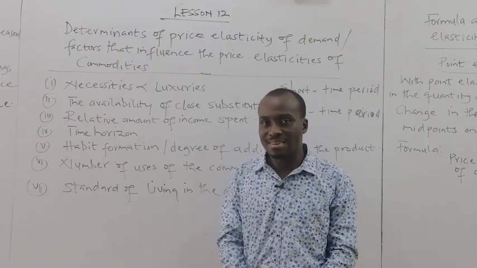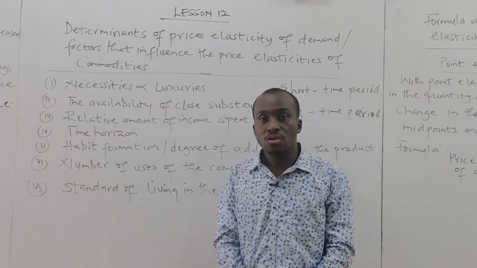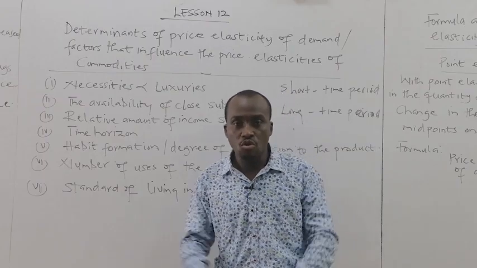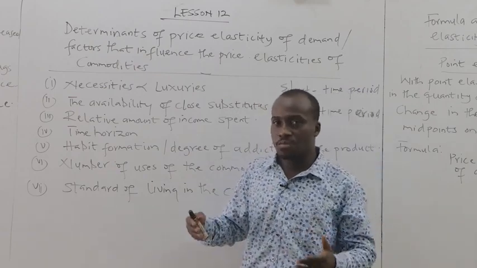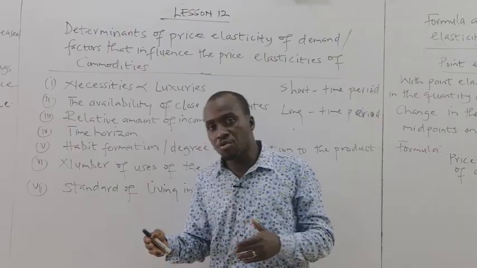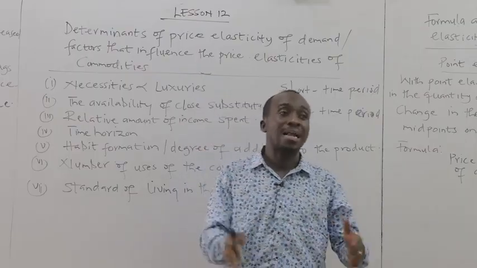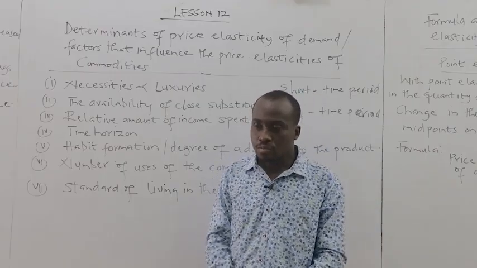But I don't have any addiction for a product. So if you don't have any addiction for a product, the demand tends to be elastic. At the slightest increase in the price of the product, you want to shift your demand because you don't have addiction for that product. Those who have addiction, when the price is even increased, they reduce their demand by a small margin. They keep on buying, but that's what they like. They don't care whether other prices are even cheaper, whether they have substitutes. Some people behave that way.